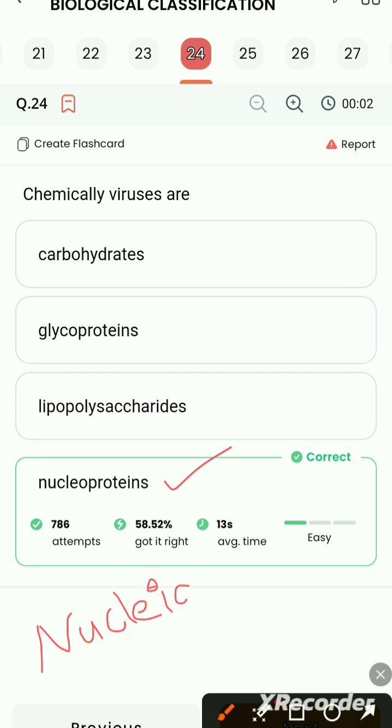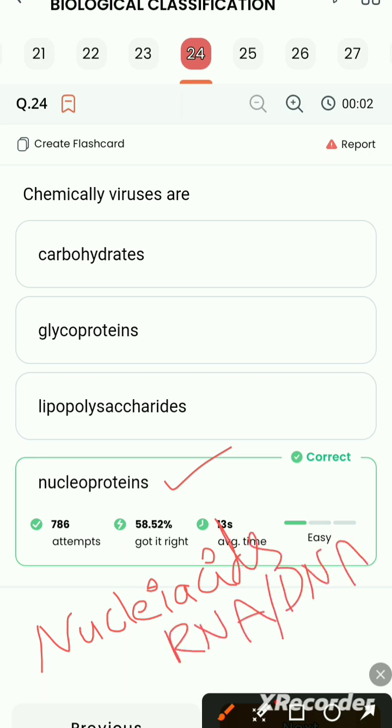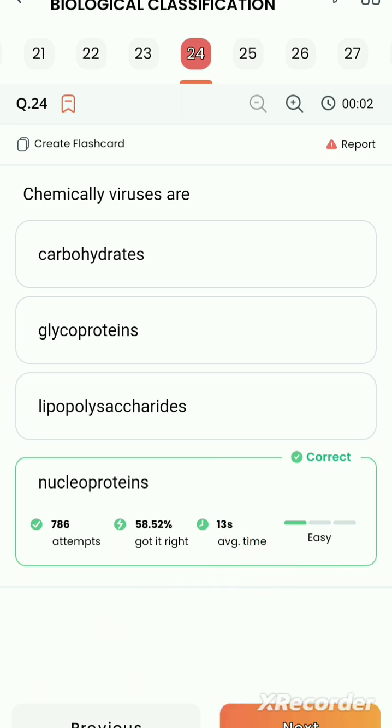Here the nucleic acids are nothing but RNA and DNA. Here we have RNA as the nucleic acid in the virus, which is associated with the protein. So thus the capsomere contains nucleoprotein. So chemically the viruses are considered as nucleoprotein.